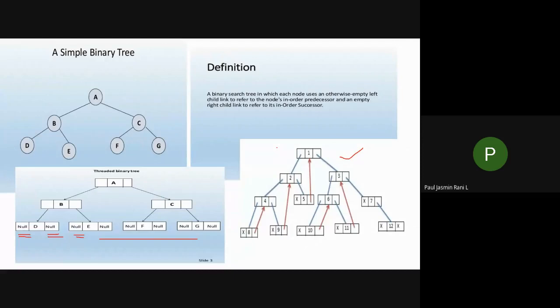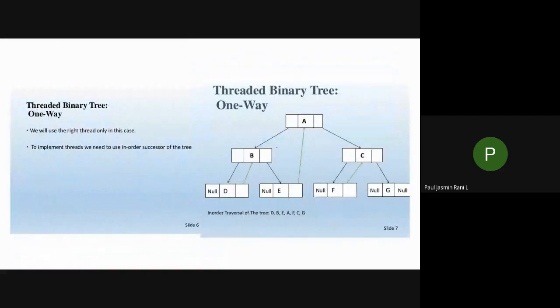Okay, so next let us see the two types of threaded binary tree. One is a one-way threaded binary tree, the other one is a two-way threaded binary tree. As the name says, a one-way threaded binary tree means you have threads on only one side, either on the left side or on the right side.